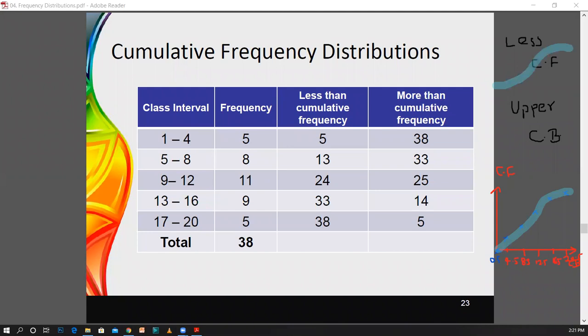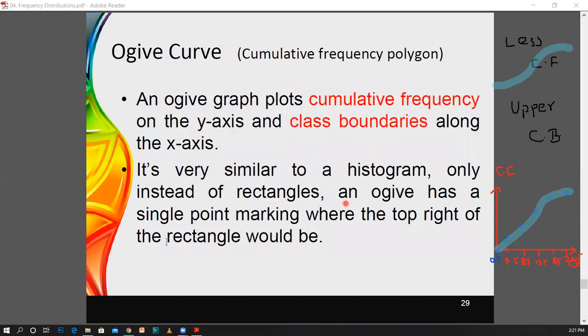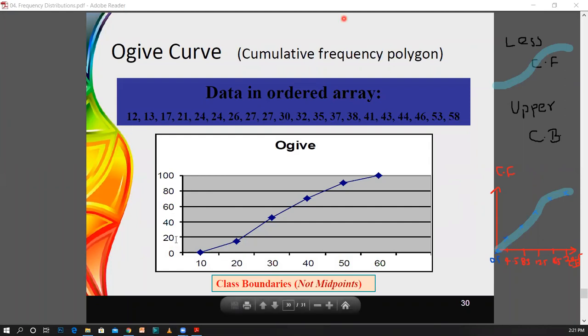Here in the example, you can see the cumulative frequency polygon is quite freehand. For now, you can have it like this, starting from here and going in this way. We are not using lines, it is by using the freehand sketch.